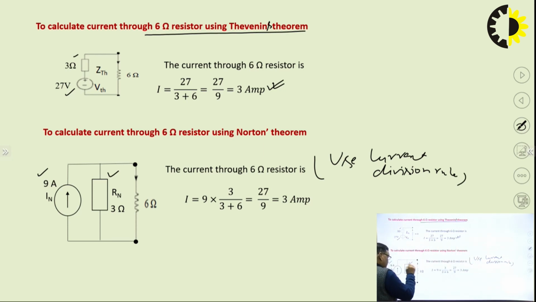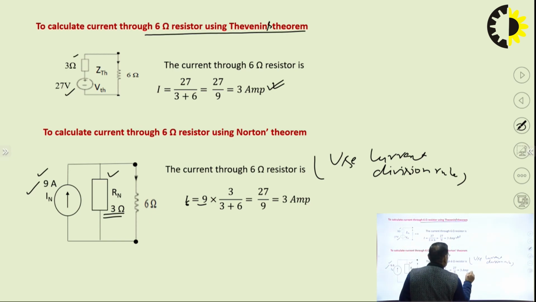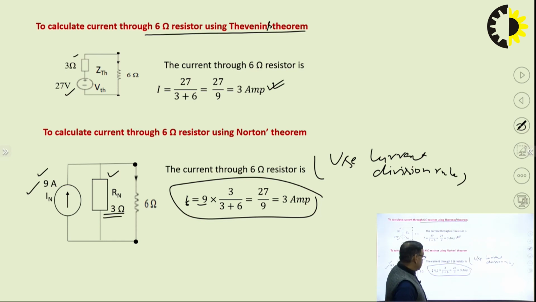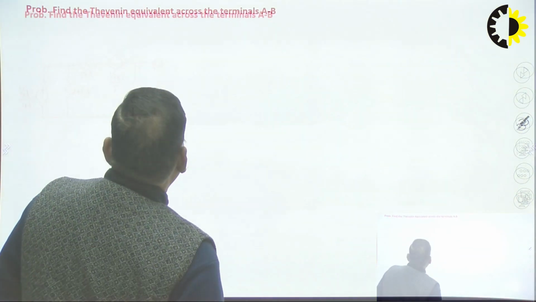So current through the 6 ohm resistor will be this impedance divided by this plus this, into total current. The total current is 9 ampere, and you will find the current through the 6 ohm, we can say I6. So this way we can find the current through the 6 ohm resistor using Norton's theorem. So this is the basic approach to apply these two theorems.